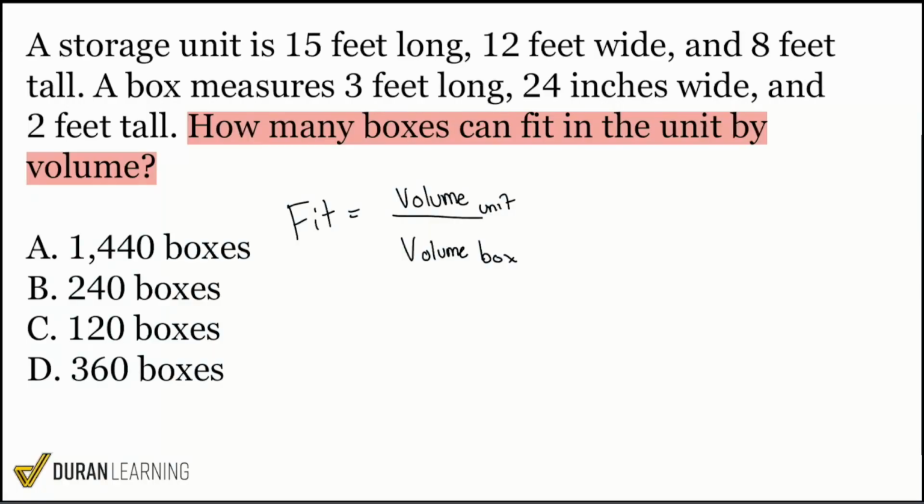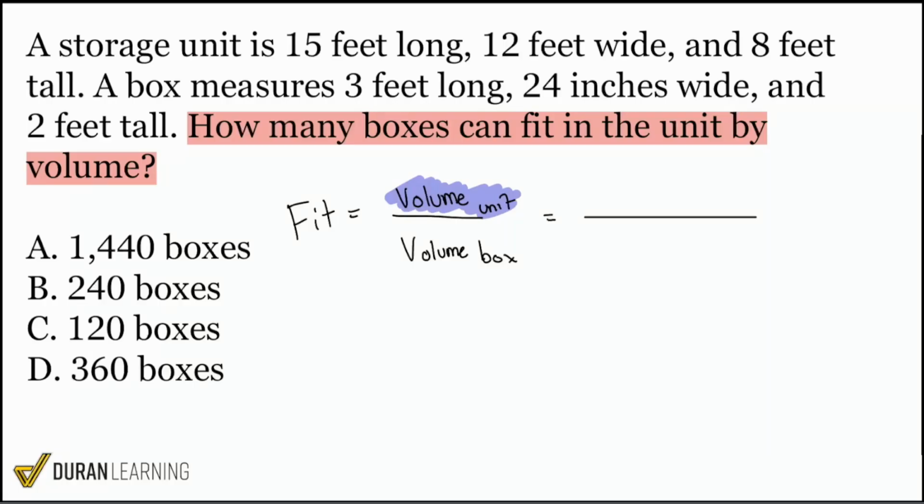So when we take a look at the information, we see that it says the storage units are 15 feet long, 12 feet wide, and 8 feet tall. So what that tells me is that this is a rectangular prism. So here's what we have. My volume, let me write this a little neater, right there. So my volume for my storage unit, I'll just go ahead and highlight that in blue.